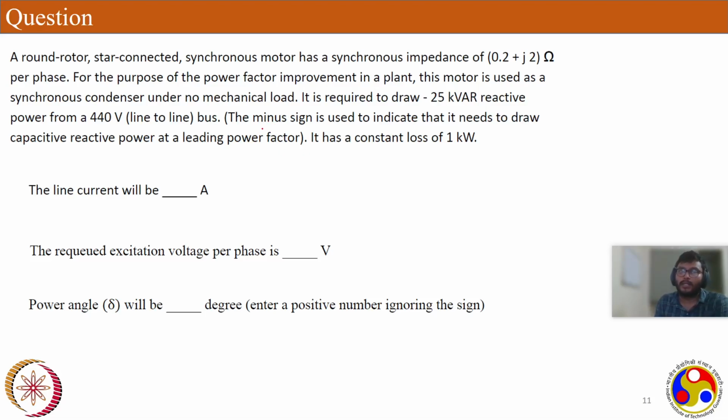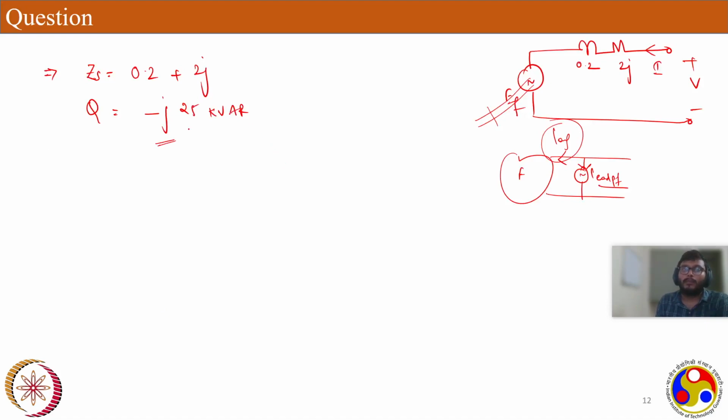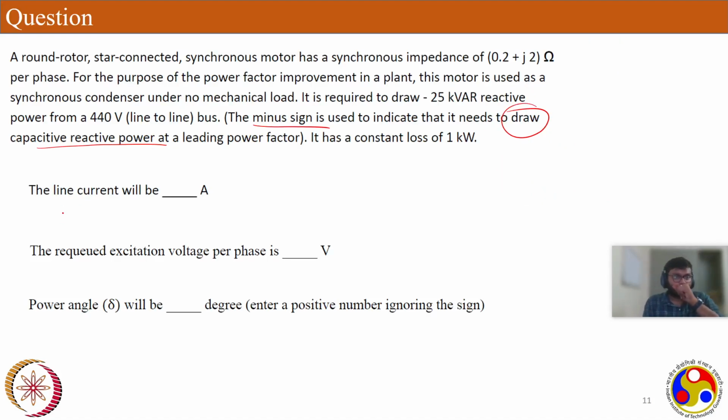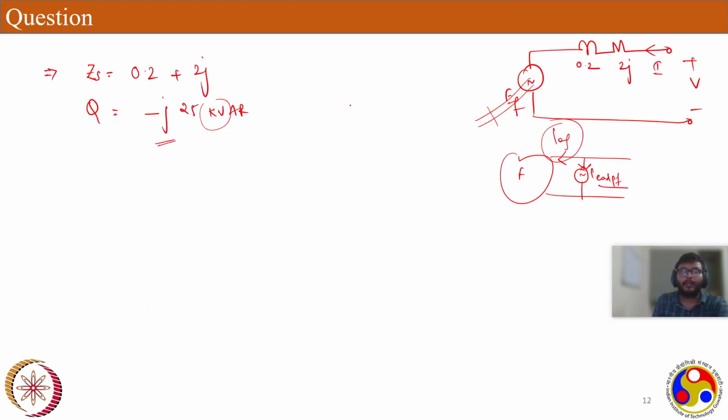So it is already mentioned here. The minus sign is used to indicate that it needs to draw capacitive reactive power at a leading power factor. So minus 25 kVAR. kVAR is kilovolt ampere reactive. Okay, and it's a 440 volts line to line bus. So V line is equal to 440 volts.